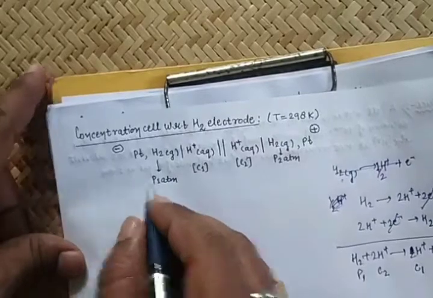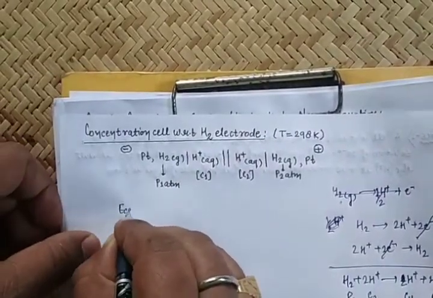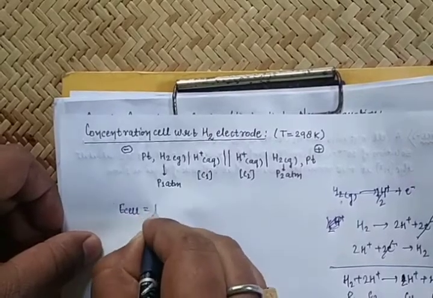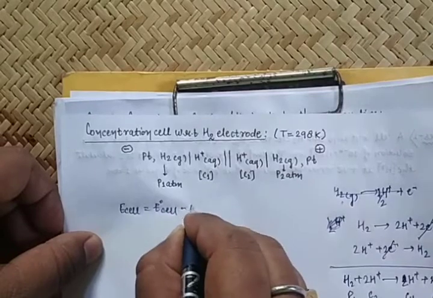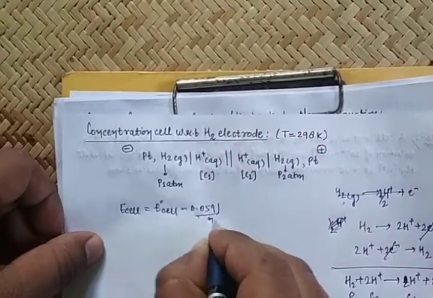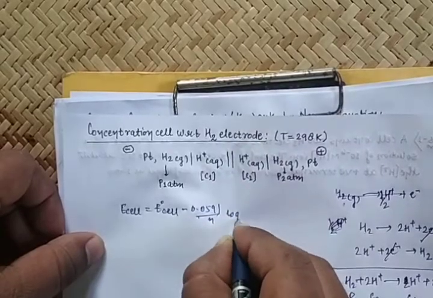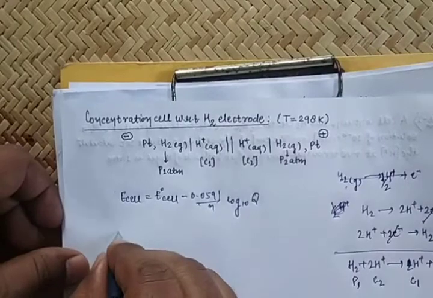Now how can we write the E cell formula? First you write the formula of E cell. E cell is equal to E naught cell minus 0.0591 divided by n, log of base 10 Q. You know the formula, and now you convert it.